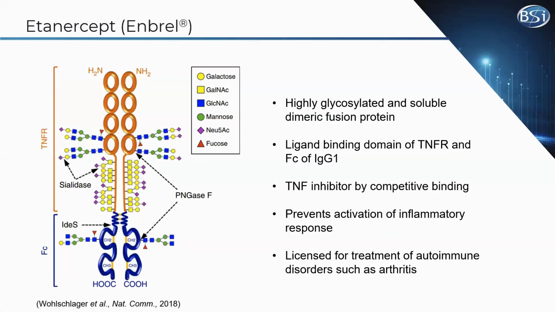We chose a couple different glycoproteins to do method development and optimization with, the first being etanercept, otherwise known as Enbrel, which is a highly glycosylated and soluble dimeric fusion protein that consists of the ligand binding domain of tumor necrosis factor receptor fused with the Fc portion of IgG1. And this functions as a TNF inhibitor by competitive binding and prevents activation of the inflammatory response, and is licensed for treatment of autoimmune disorders such as arthritis.